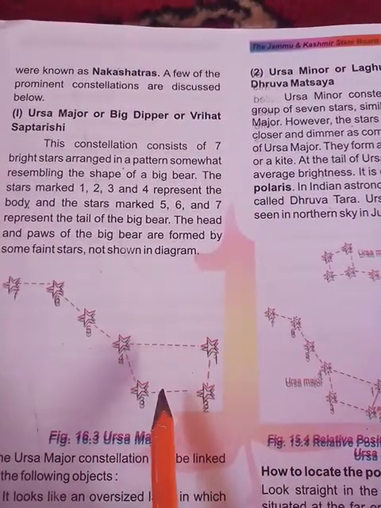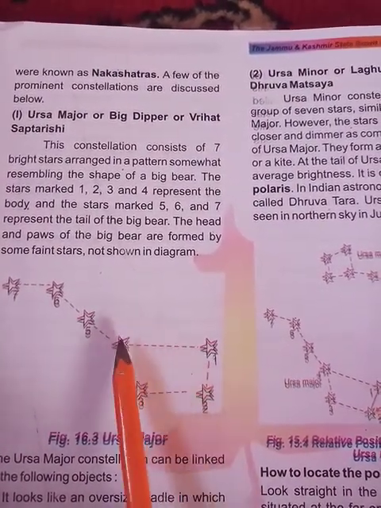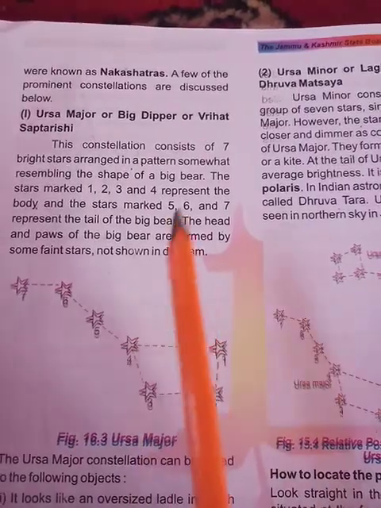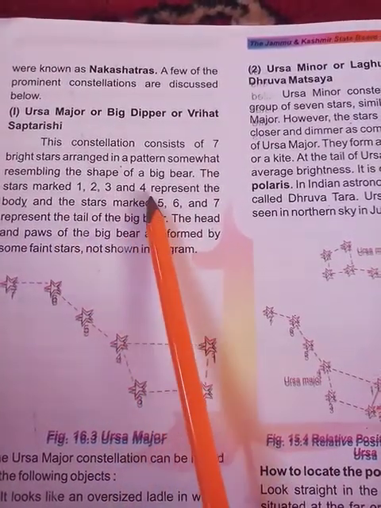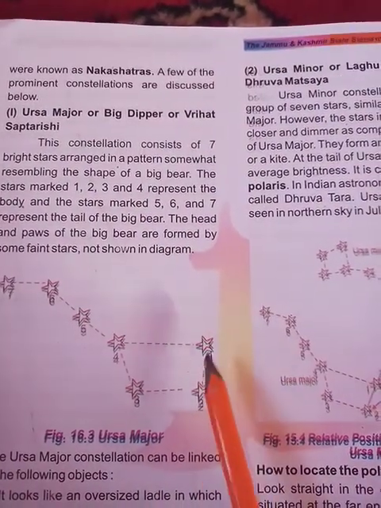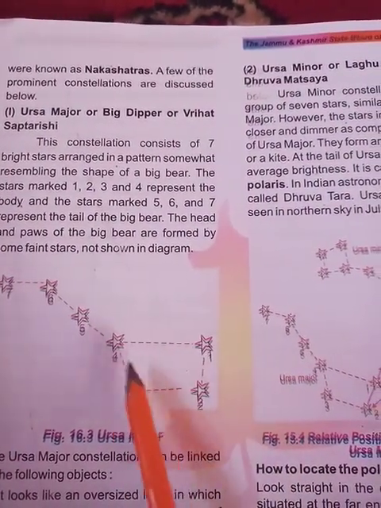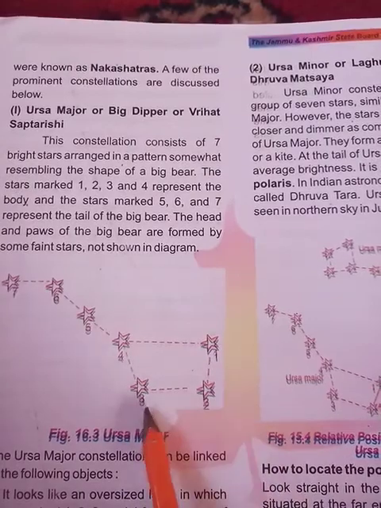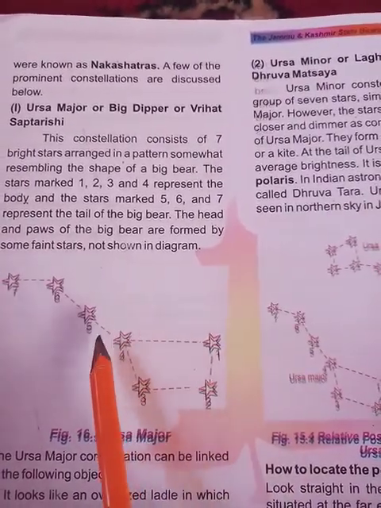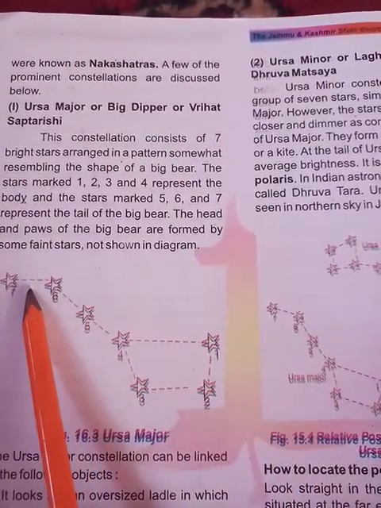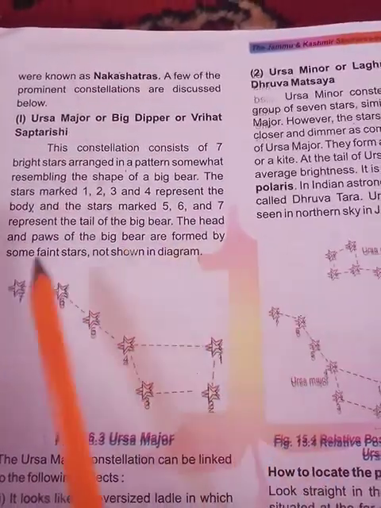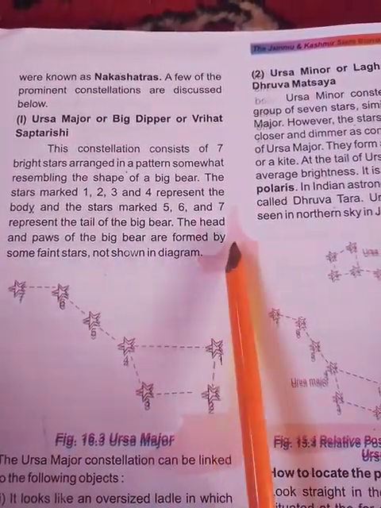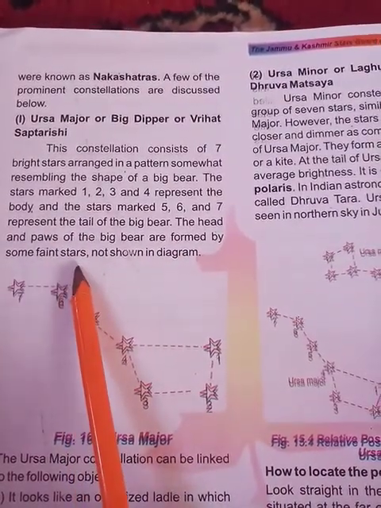So its shape is like a big bear. We can say the stars marked 1, 2, 3, and 4 represent the body of the bear, and the stars 5, 6, 7 represent the tail of the big bear.